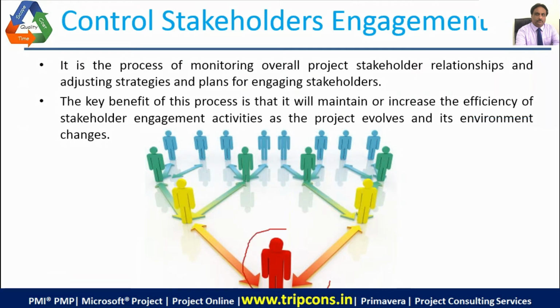So this person is to be managed closely, and since these people are important, they have to be kept informed, kept satisfied, and these people are just monitored. So you should be able to keep some information regarding the stakeholders. Now this is something that project managers used to do in their mind.